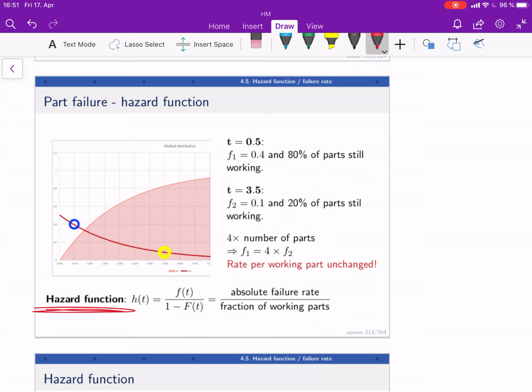What I want to look at is how likely is it that one individual item fails. So the PDF gives me something like the absolute failure rate.